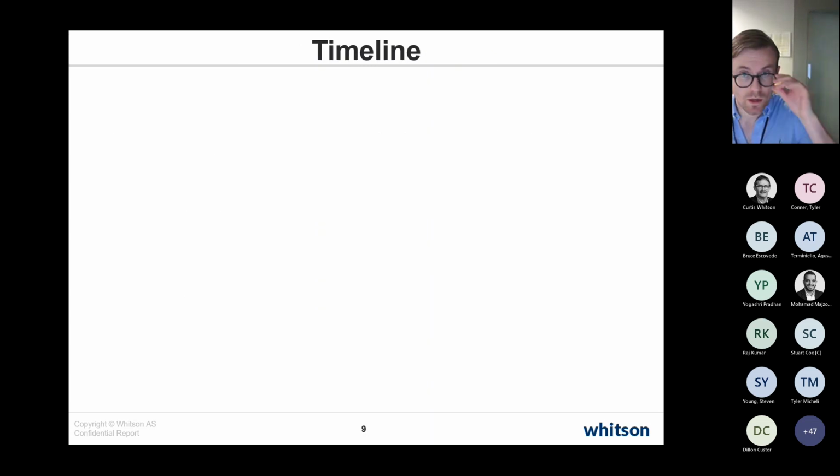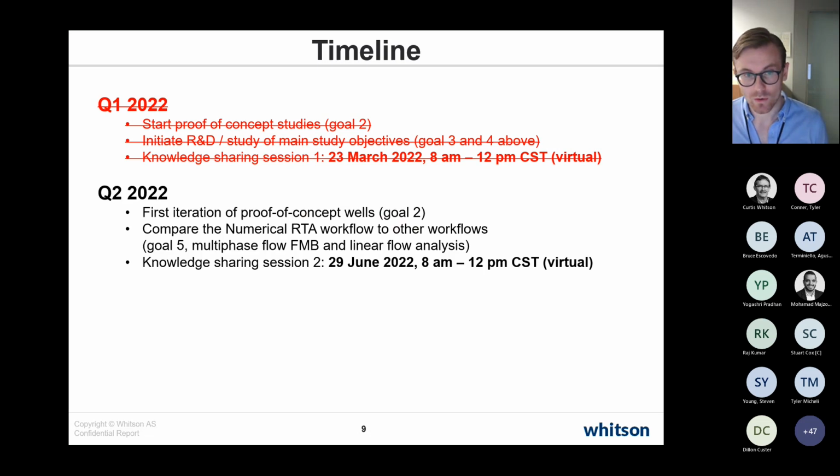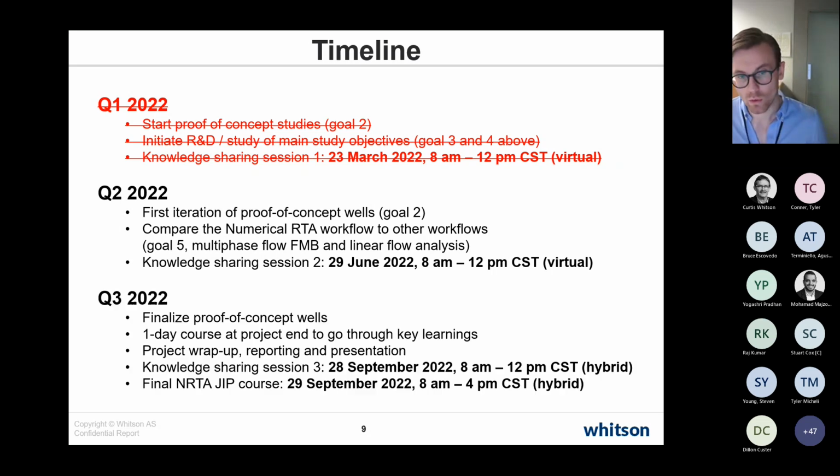When it comes to the timeline of our consortium, we're done with Q1, so we had the knowledge sharing session at the end of March. Where we're at right now is this Q2 stage. So the session today is finalizing the second quarter, and then the third quarter is to finalize all the proof of concept wells for every single company, and then wrap up the numerical RTA JIP consortium at the end of September.